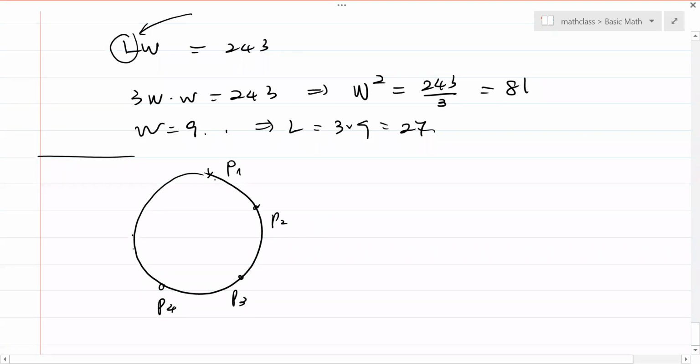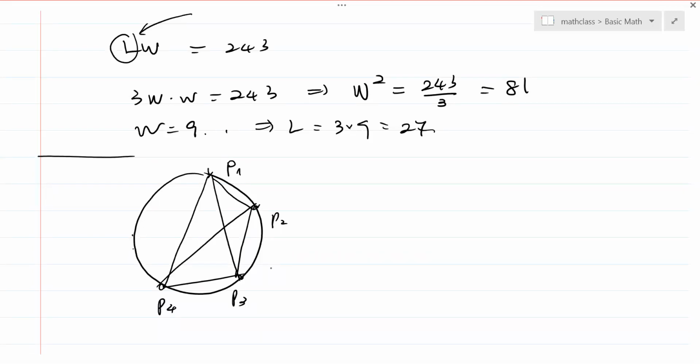How many chords can you draw? In this case, I can draw this many, right? But if I increase the number of points, can you figure out the general formula?